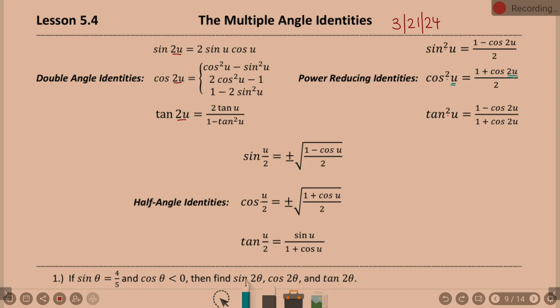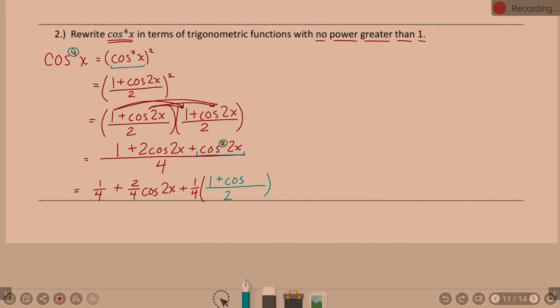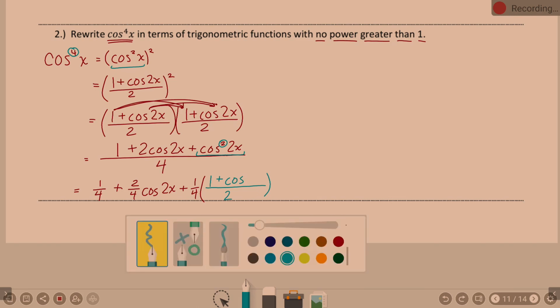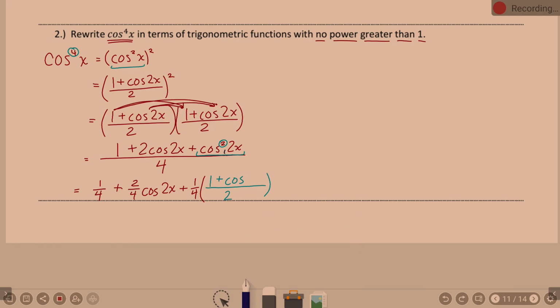Now, as we are using this, this right here, 2x, that is in the place of u. 2x, because it's cosine squared u, according to the original identity up top, right? So that 2x is in the place of u.